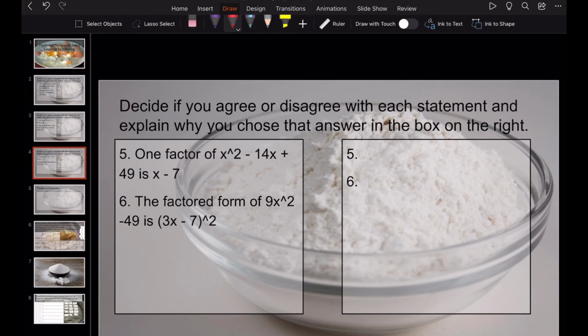One factor of x squared minus 14x plus 49 is x minus 7. So if x minus 7 is one of the factors, then that means that there's something else that's missing. To find that something else, we're going to have to divide x squared minus 14x plus 49. If that can be evenly divided by this factor, then that means, for one thing, that really is a factor, and it'll give us the second factor.